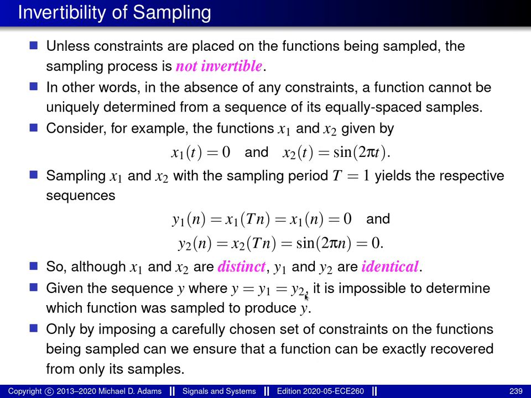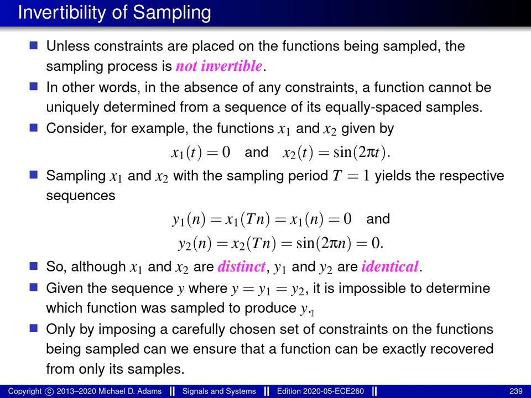It's impossible to determine which function was sampled to produce the sequence y. Because y is equal to y1, the function that was sampled might have been x1, because when x1 is sampled, this produces the sequence y1. But because y is also equal to y2, it might have been that we sampled the function x2, because the function x2 leads to the sequence y2 when it's sampled.